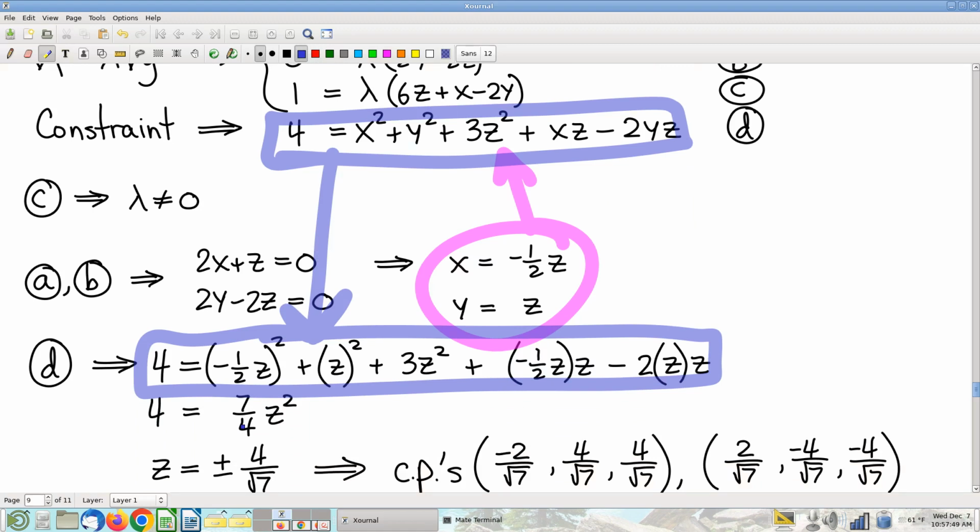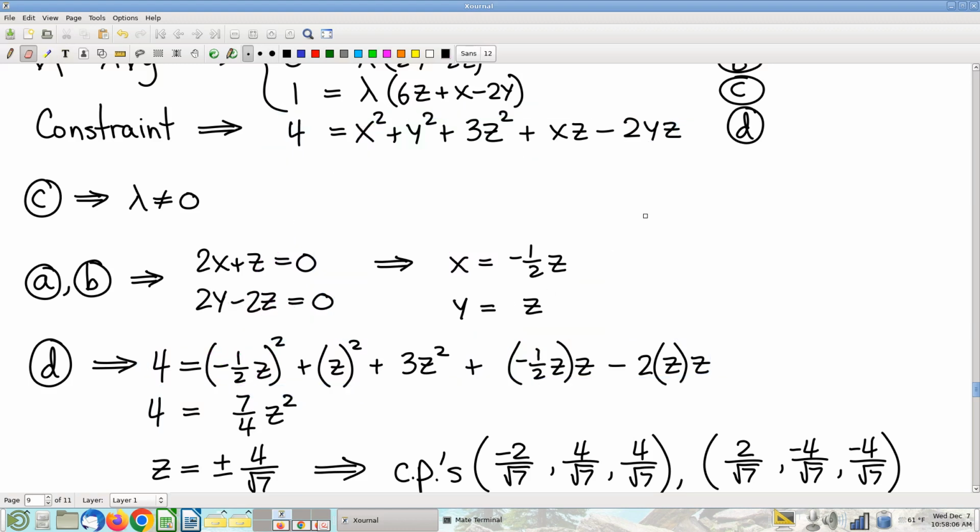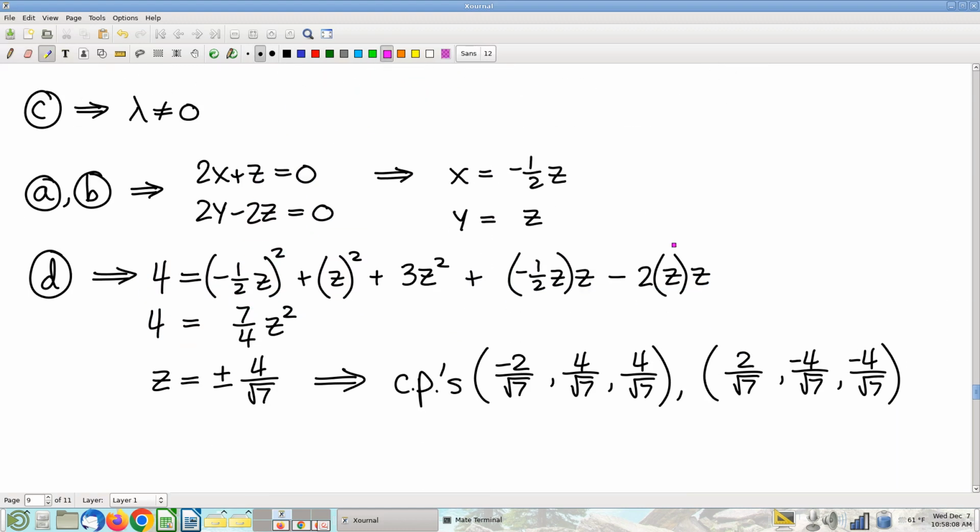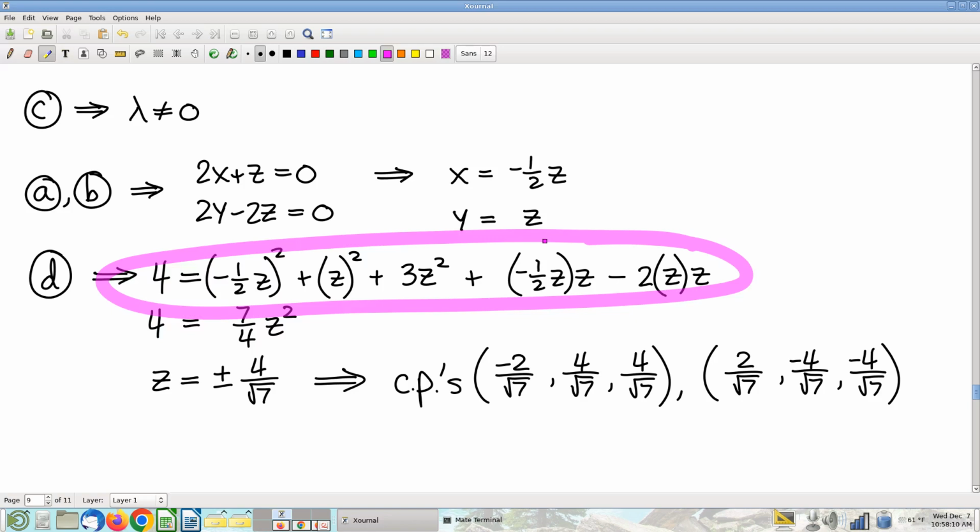All right, just notice, where I had an x, I put what I now know x is in terms of z. Boom, plugging it in. Everybody on board? And it's kind of all over but the shouting at this point. Now you have a single equation of a single variable, just z.